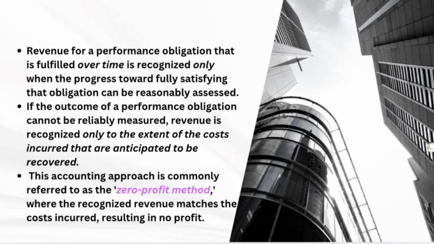This accounting approach is commonly referred to as the zero profit method. Essentially, in this method, the recognized revenue does not exceed the cost incurred, which means that the contractor does not show any profit until they can confidently measure the project's outcome. This helps avoid overstating revenue when the future is uncertain.